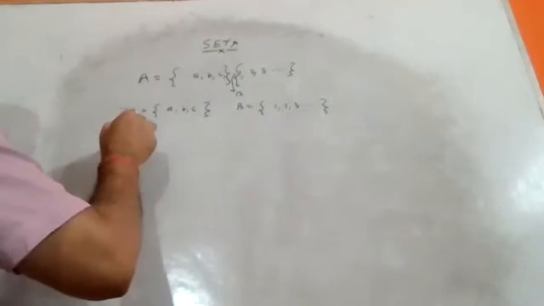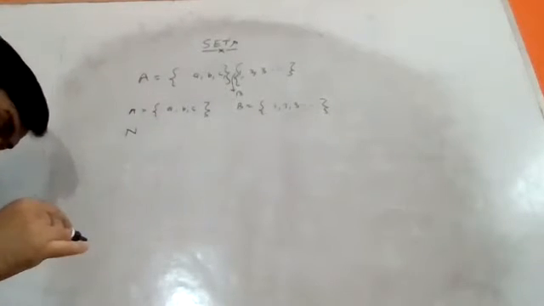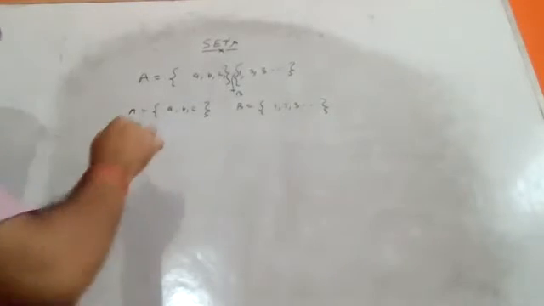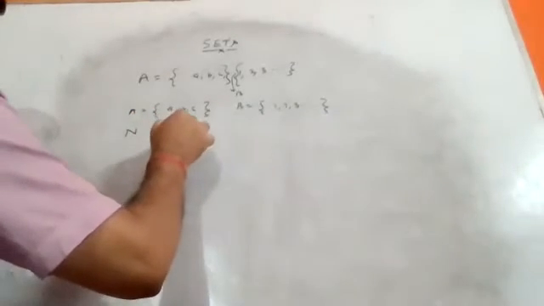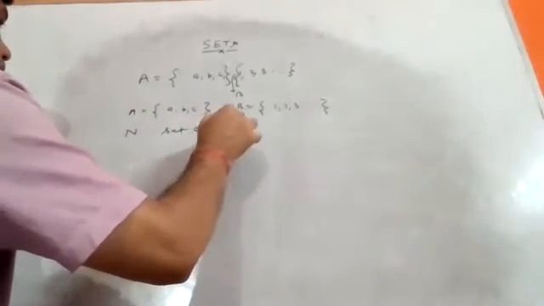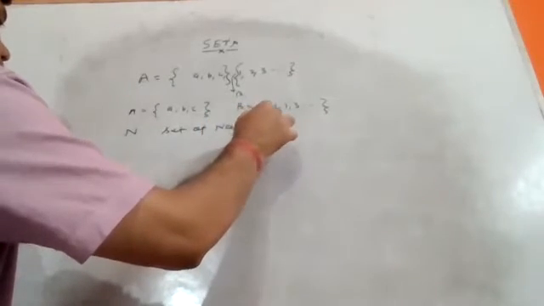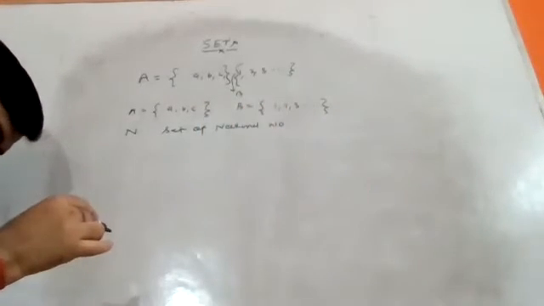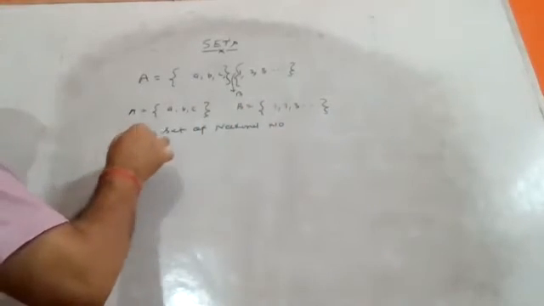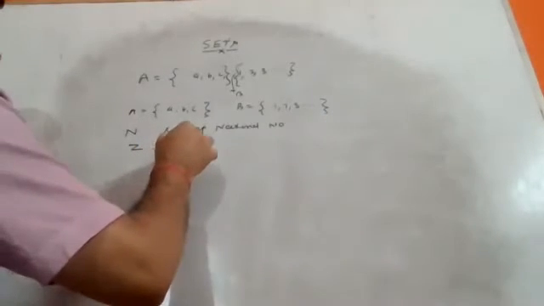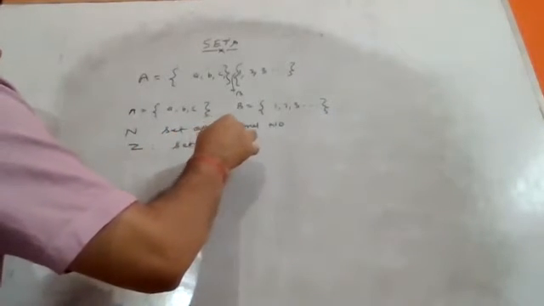For example, capital N is the set of natural numbers. Capital Z is the set of all integers.